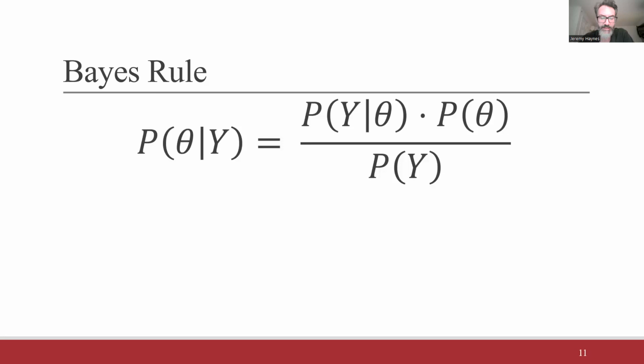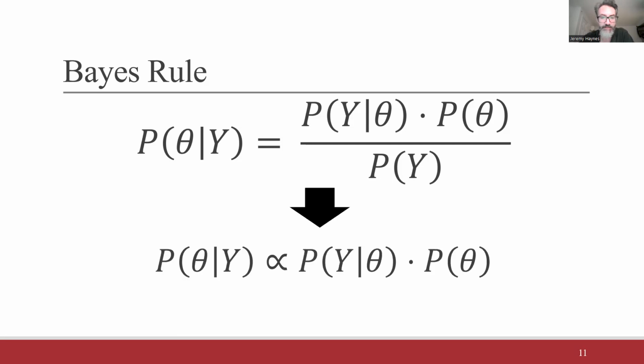So let's take our Bayes rule again. So we have our posterior distribution on the left-hand side is equal to the joint distribution divided by the marginal distribution. Now, if the marginal distribution is simply a scalar, it's functionally a constant, we can actually change the equation just slightly and simplify it.